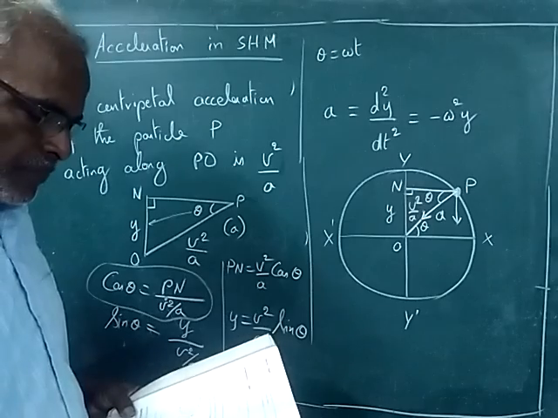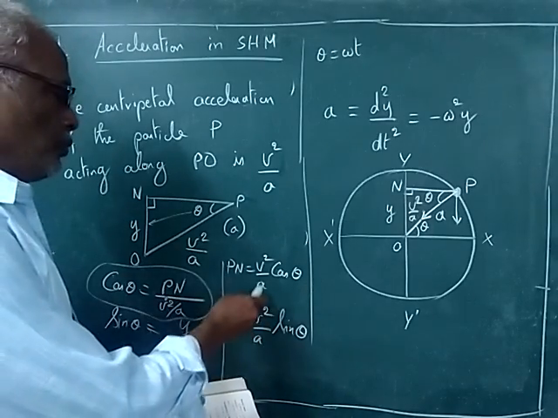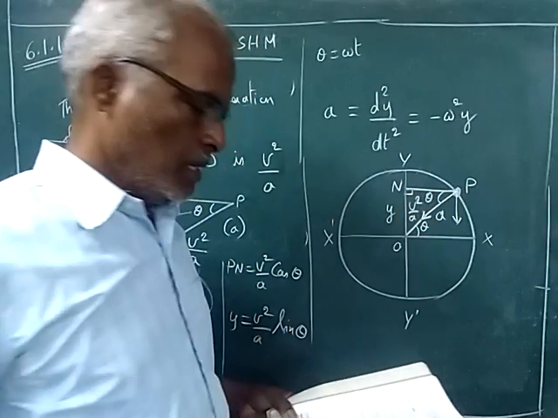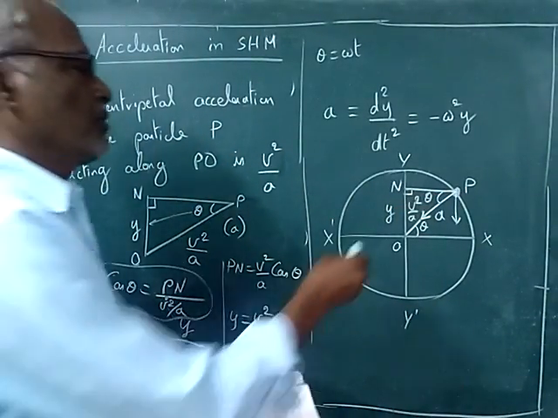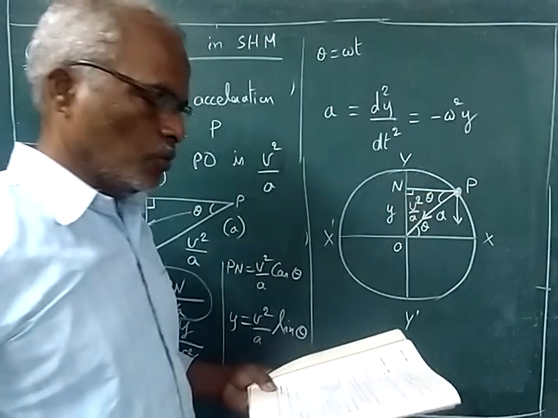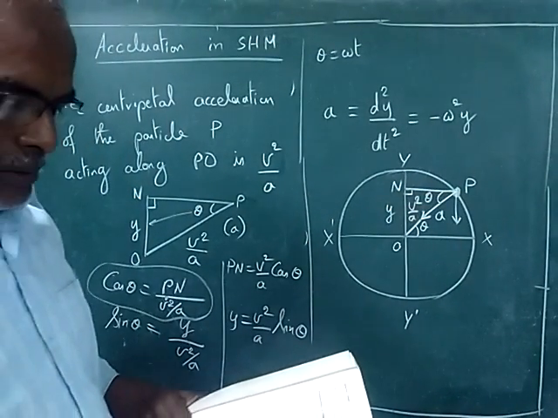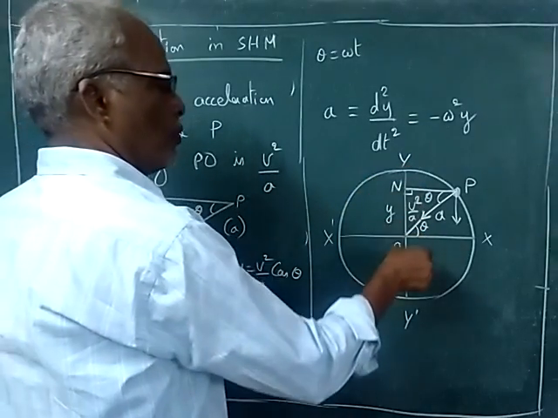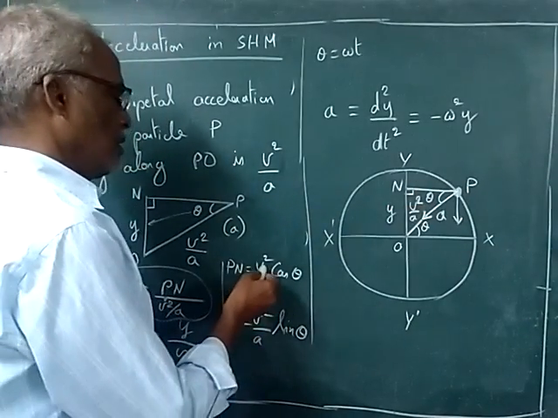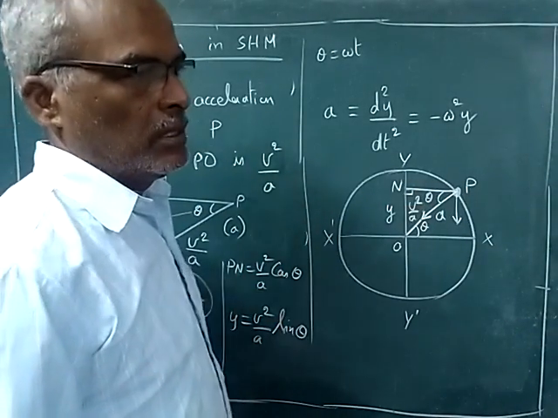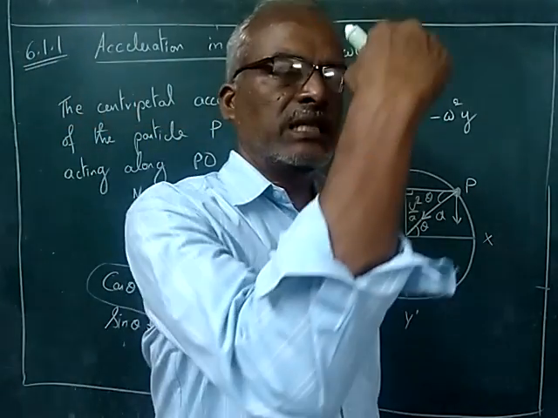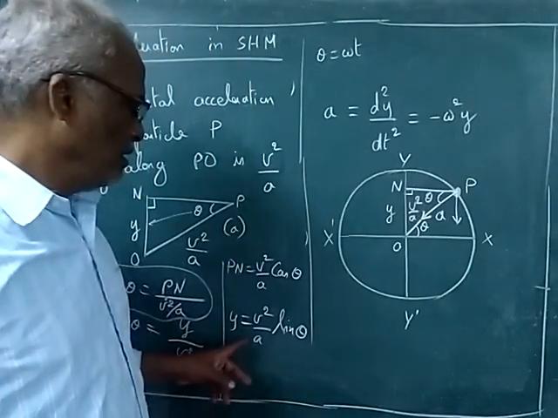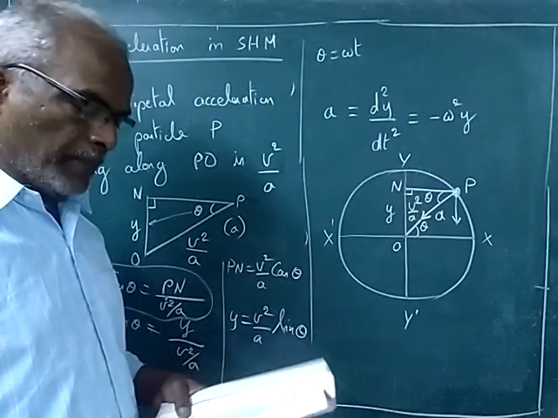Therefore we can say the component V square by A cos theta along Pn, perpendicular to OY, has no effect along Y dash. That is, this horizontal component does not have any effect because acceleration is vertically downwards. So only the second term, V square by A sin theta, has impact.